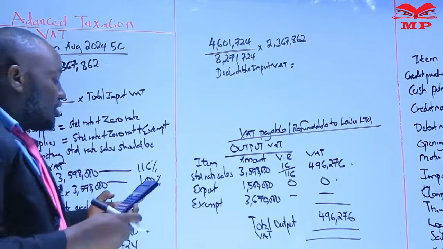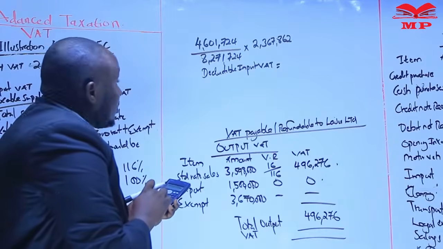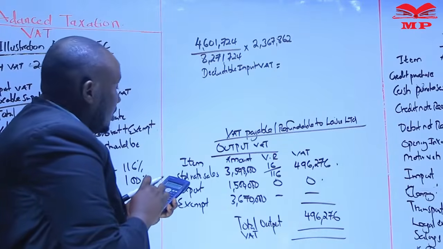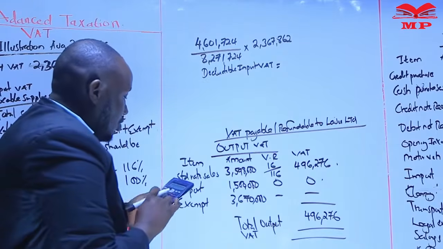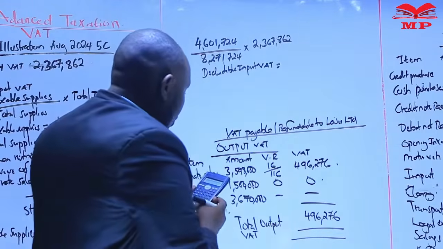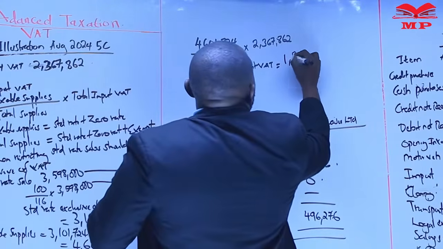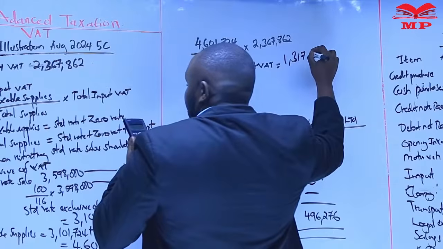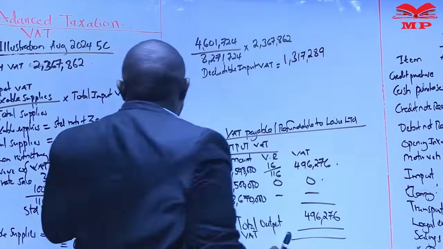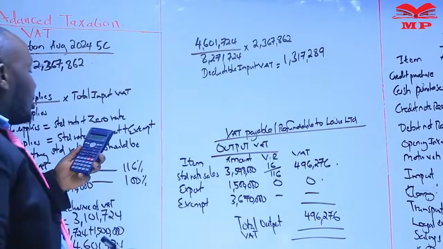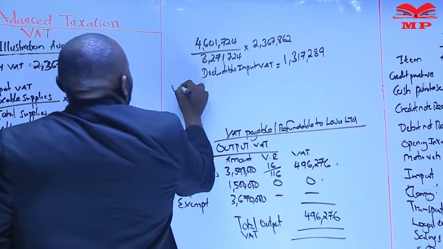The figure is 0.55 times 2,367,862, having a figure of 1,317,289. So the deductible input VAT is 1,317,289.